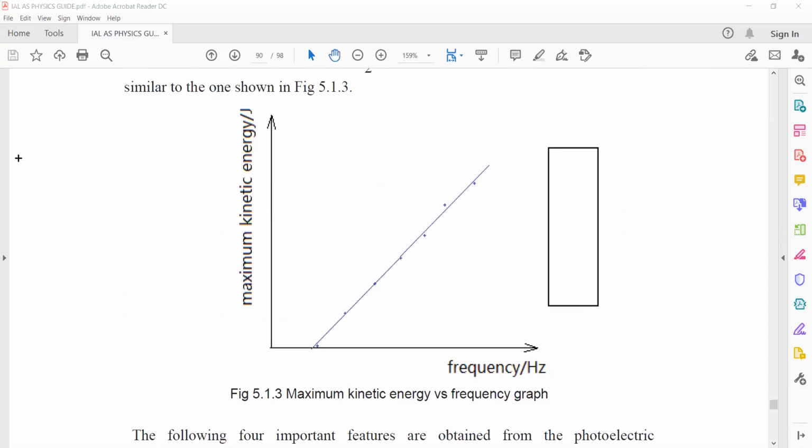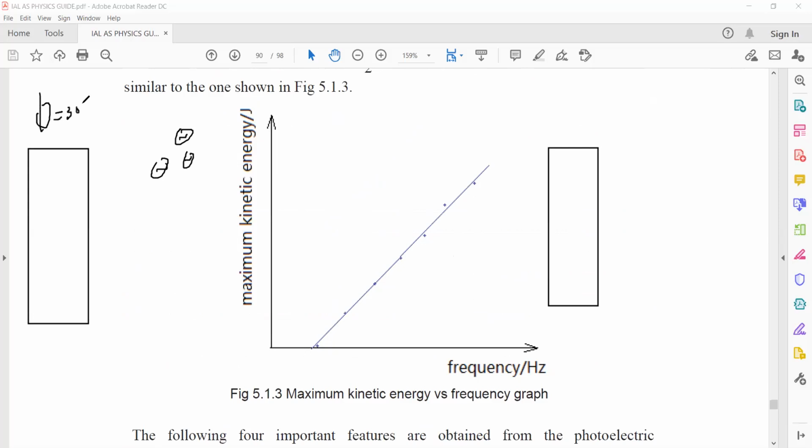If you have the same metal, you have 3 photons. The work function of the metal is 30 joules. Here also you have work function 30 joules. Each photon having energy of 40.